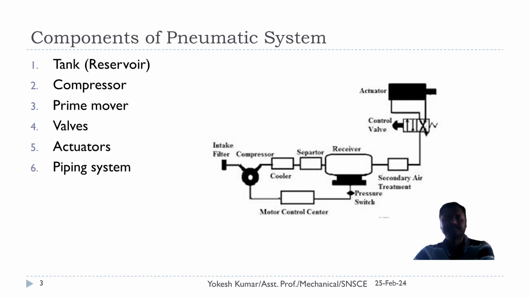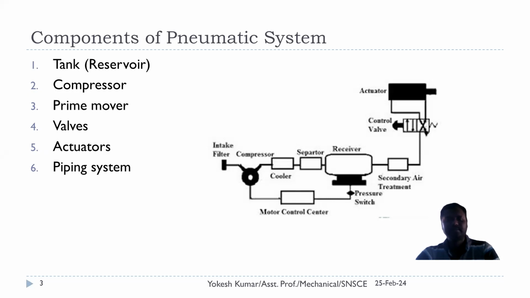Here the foremost component is not a reservoir. Here we have a compressor, which takes air from the atmosphere or ambient through a filter. A filter is an element which isolates foreign contaminants from the air.